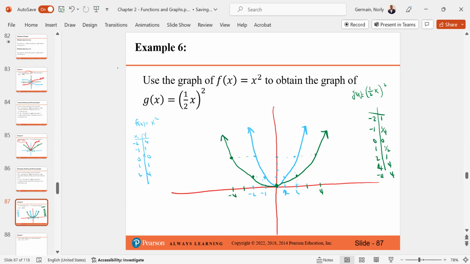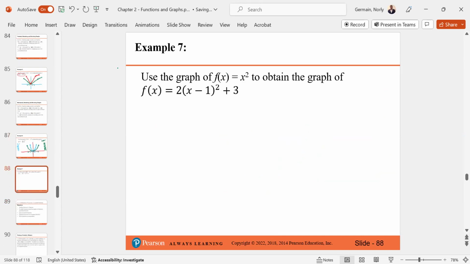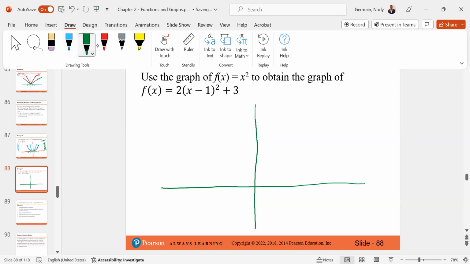And you can use a calculator to verify that, because it's always possible to do some other examples like these. If you graph x squared, it goes through the origin.